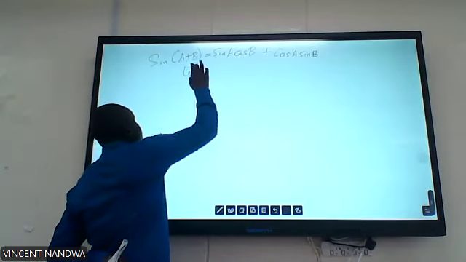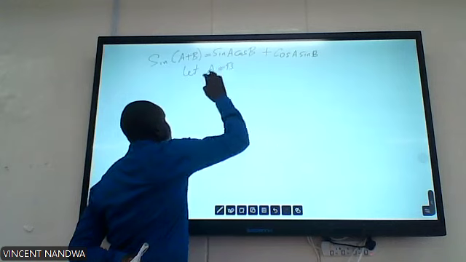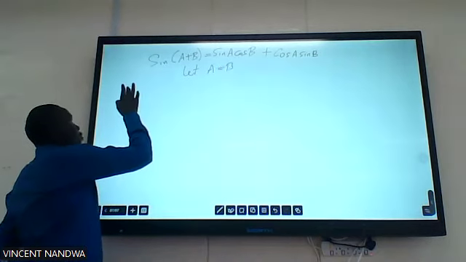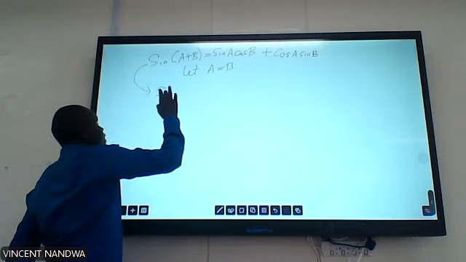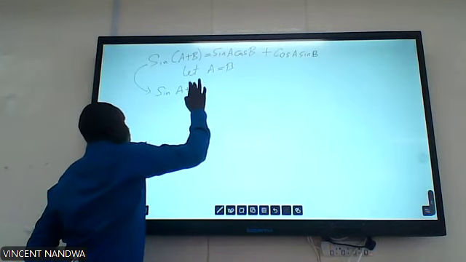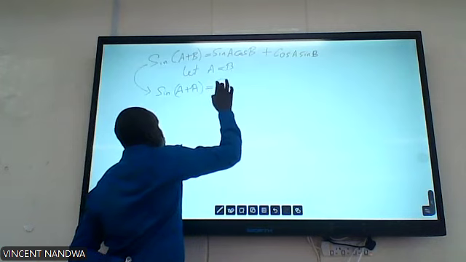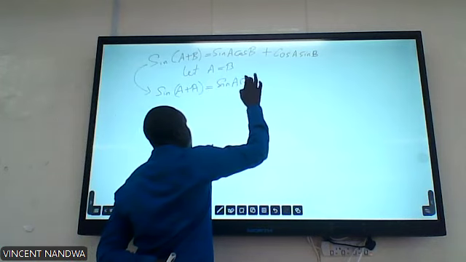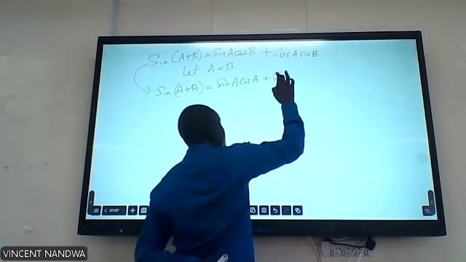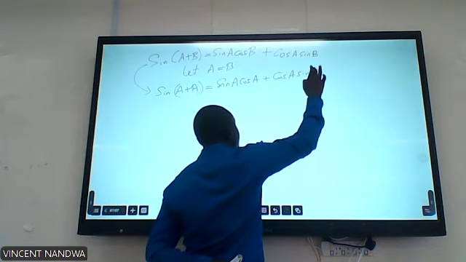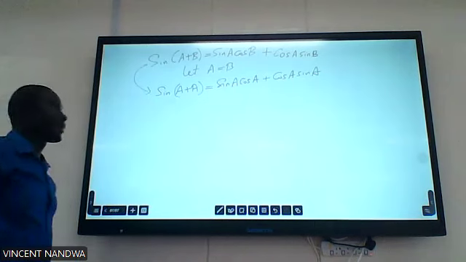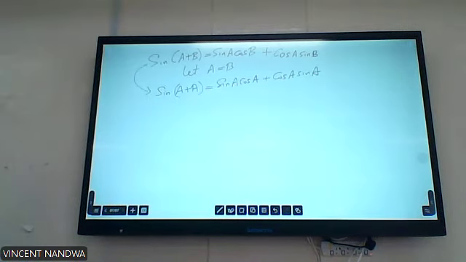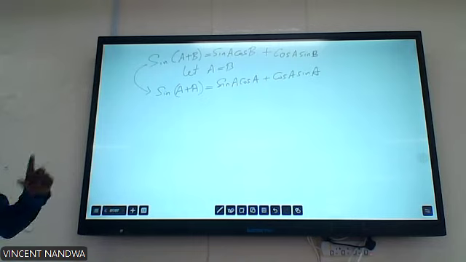So when we let A be B, then this will be sine(A plus A) equals sine A cos A plus cos A sine A. When A and B are the same, the right hand side is the same expression.